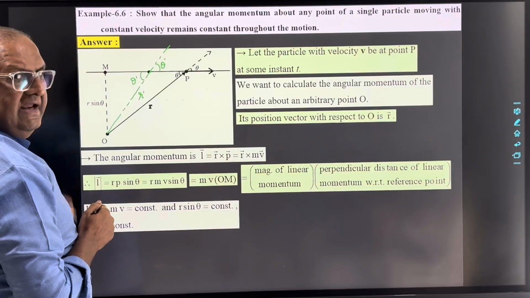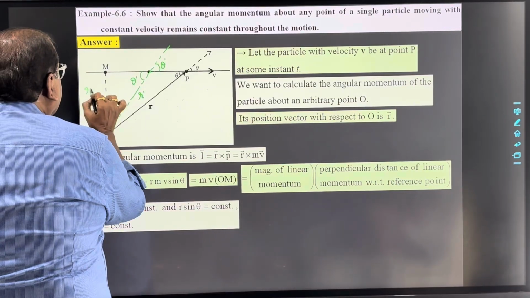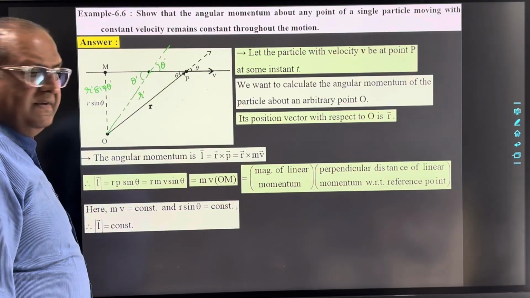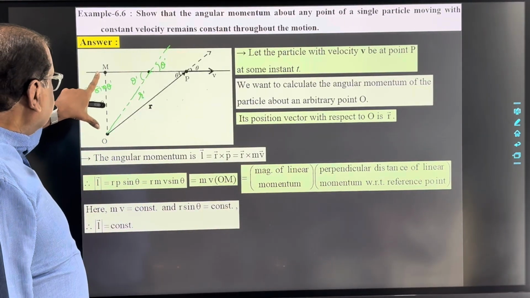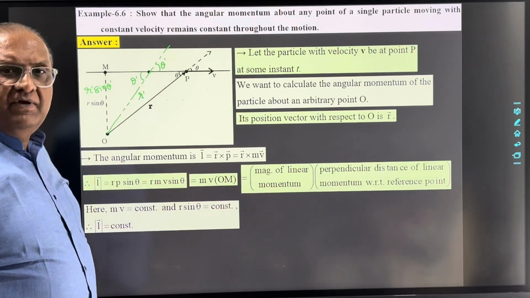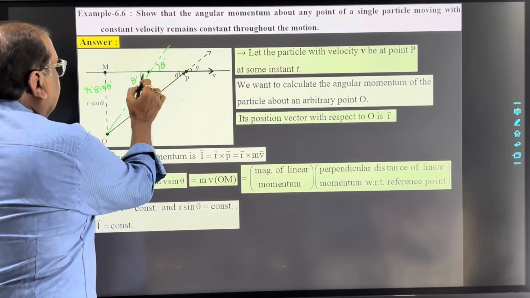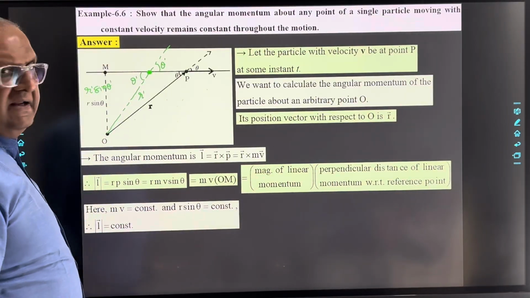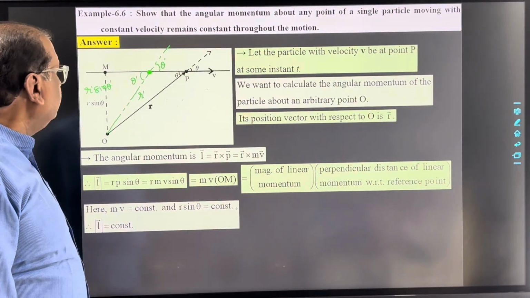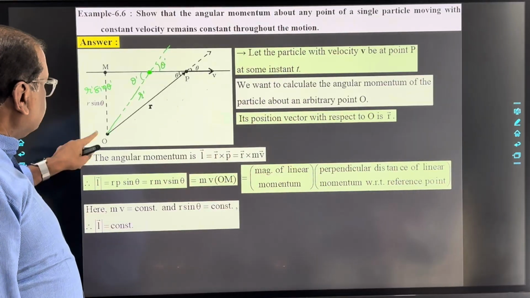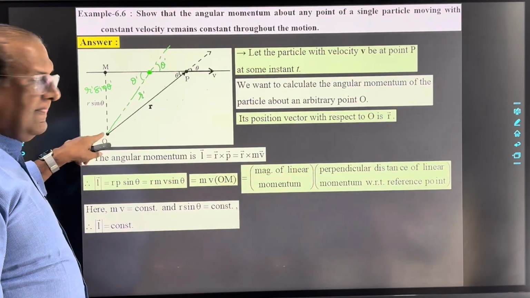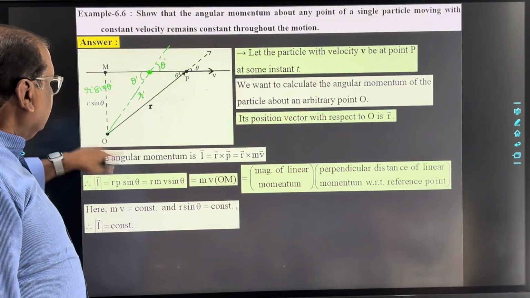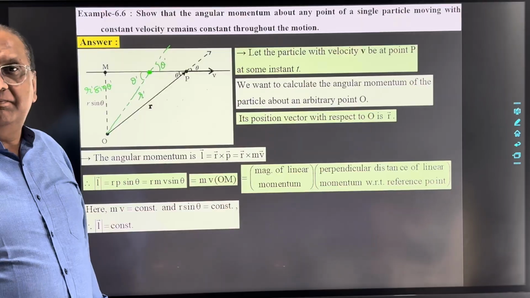So this OM you can write as R dash sine theta dash. After all, this R dash sine theta dash is OM. So with respect to this position of the particle, if you write down the angular momentum, you will get the same thing, m v into R dash sine theta dash, which is equal to OM.